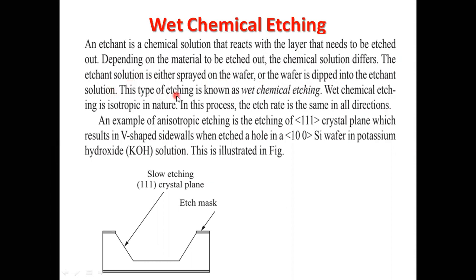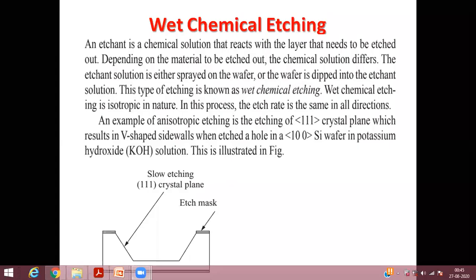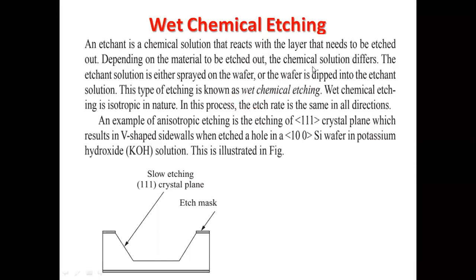This type of etching is known as wet chemical etching. Wet chemical etching is isotropic in nature. In this process, the etch rate is the same in all directions.